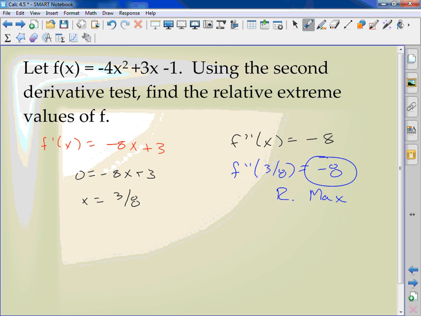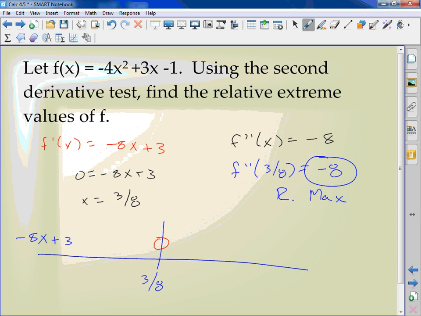Now this one here, I'm going to show you on the chart. My only zero is at 3/8. It's negative 8x plus 3. This is a 0 right here. If I pick a number less than 3/8, give me a number less than 3/8. 0.